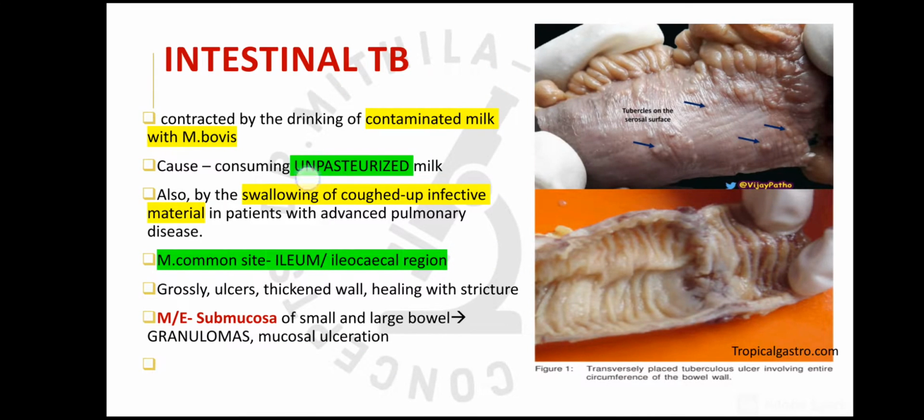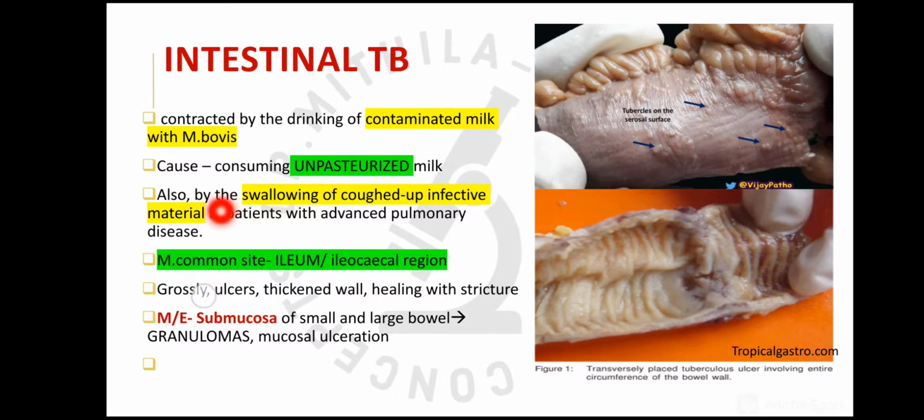Then intestinal TB is another primary TB, and it is caused by drinking contaminated milk with Mycobacterium bovis; people generally consume unpasteurized milk, and that can lead to intestinal TB. But one more question that is very commonly asked in Viva is: what, in children, can be the other cause of intestinal TB other than drinking contaminated milk?